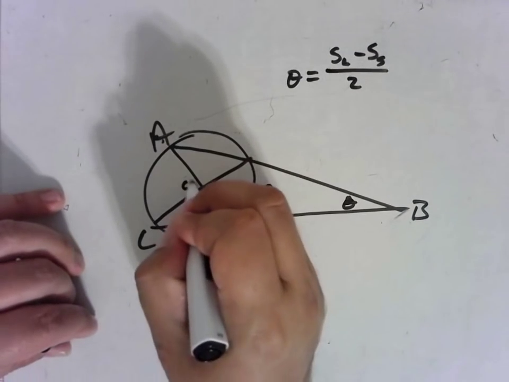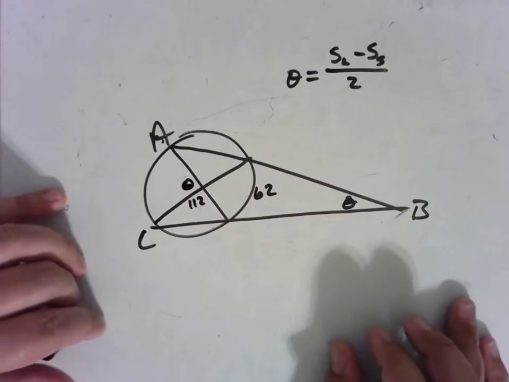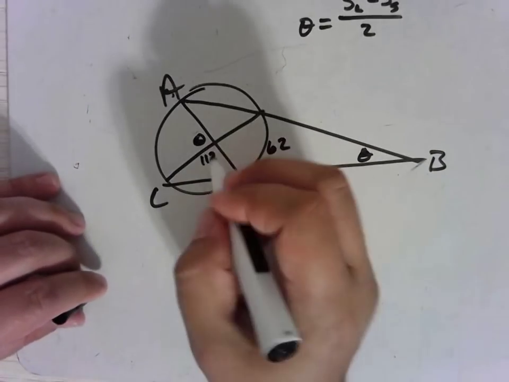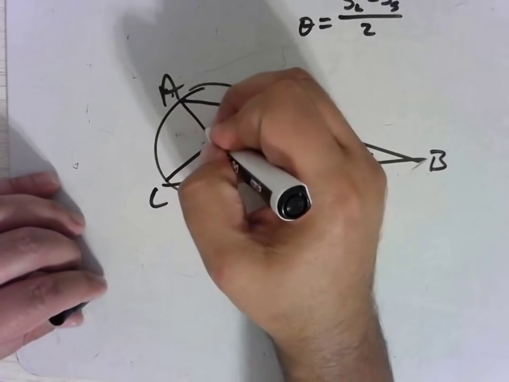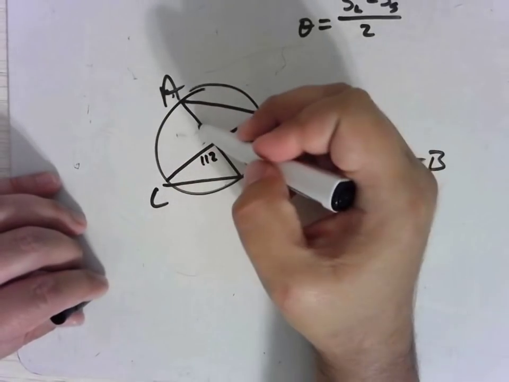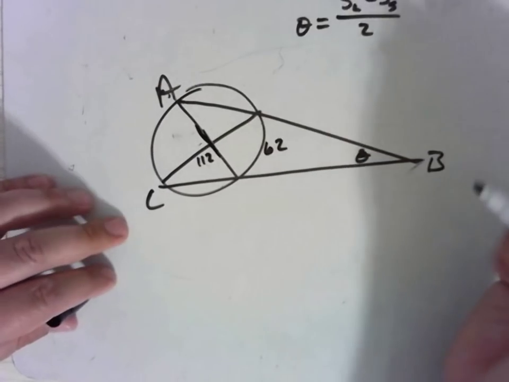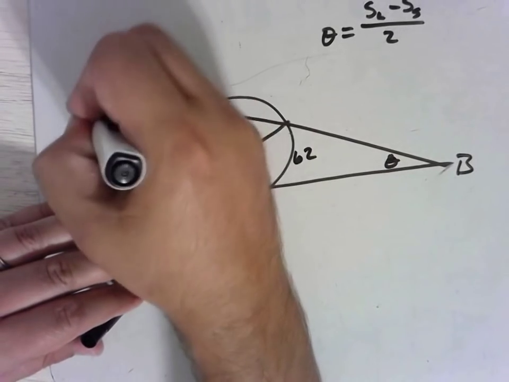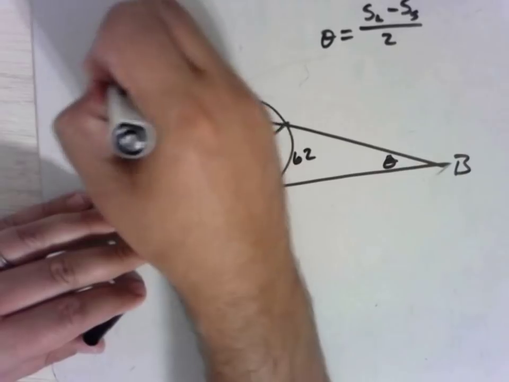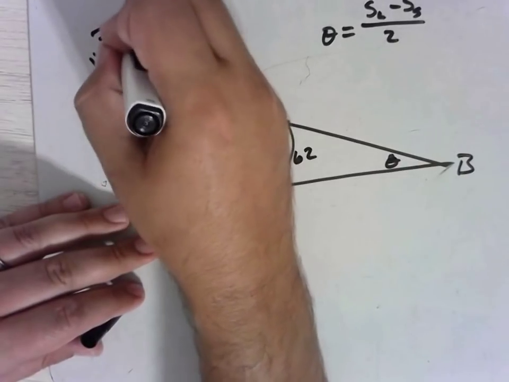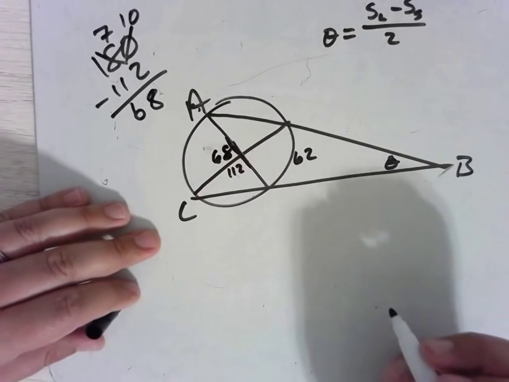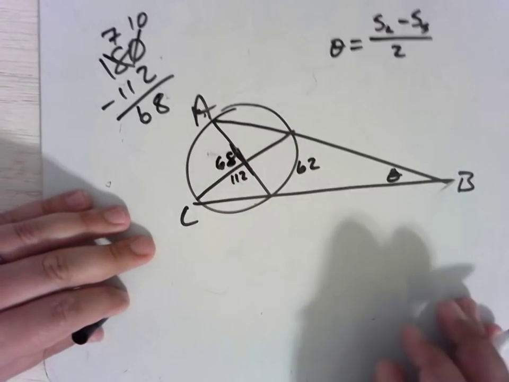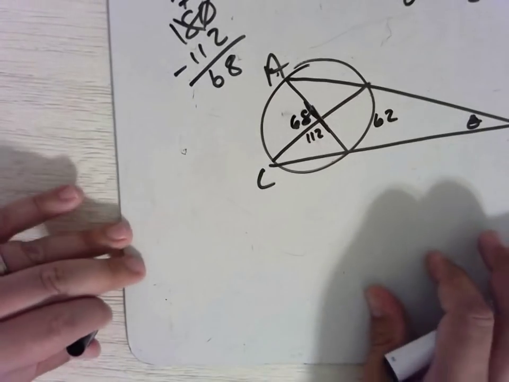I need this theta. To get that one, this is a straight line, 180 degrees right here. So 180 minus 112 is going to give me 68 degrees. Now the inside angle, I'll do this one down here.